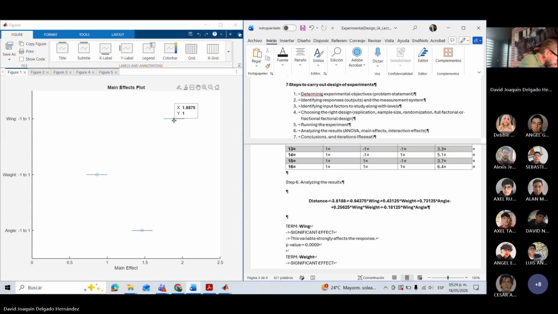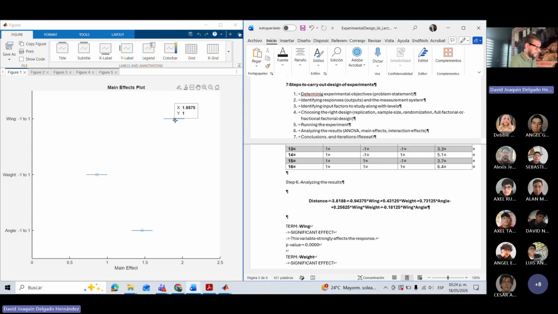So it is 1.88, okay? That is the effect this variable is having on the flight distance. And as you can see, it is closer to the right hand of the screen. It is very, very close to this extreme.